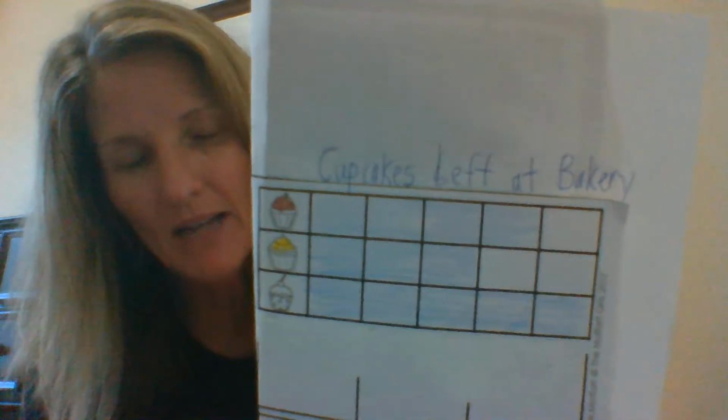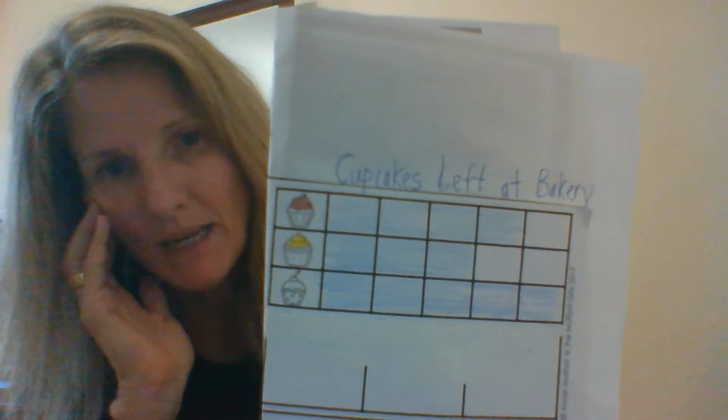Maybe they wanted to know what was left and we made a graph to show. You never know why somebody wants to know. All right, now we have a title. So now we know it's cupcakes left at the bakery.